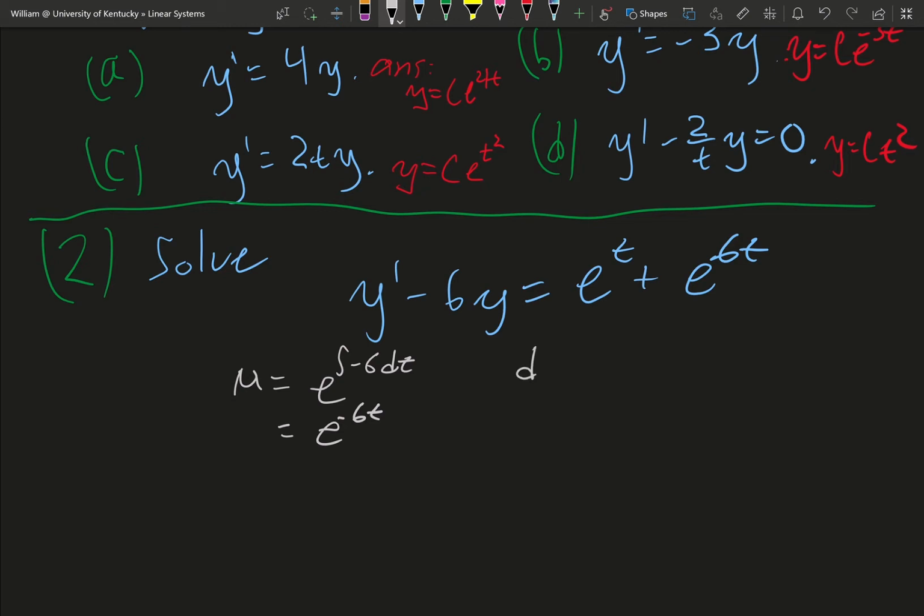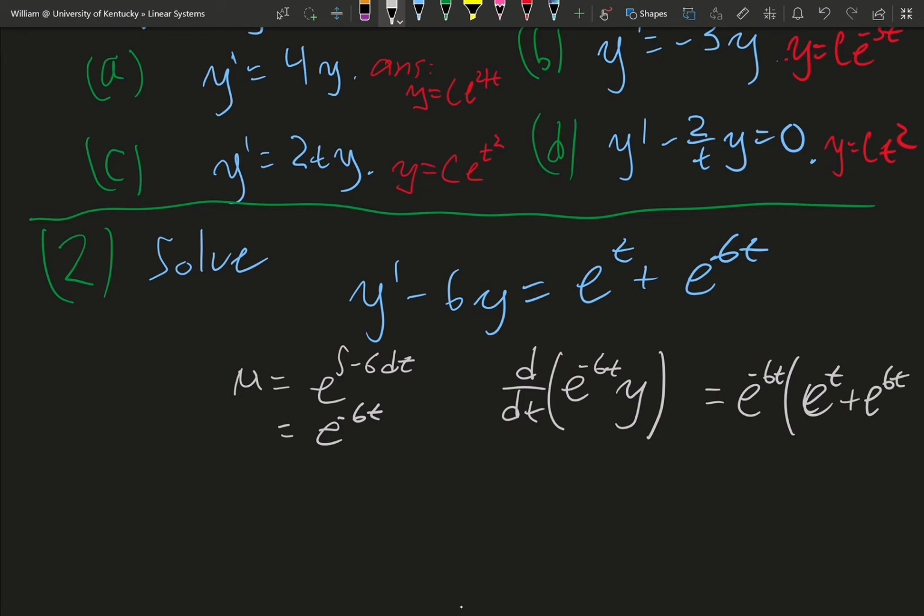On the left-hand side, assuming we did the integration properly, we have the derivative of e to the negative 6t times y, and that equals e to the negative 6t times e to the t plus e to the 6t. Simplifying that a little bit, e to the negative 5t plus 1.